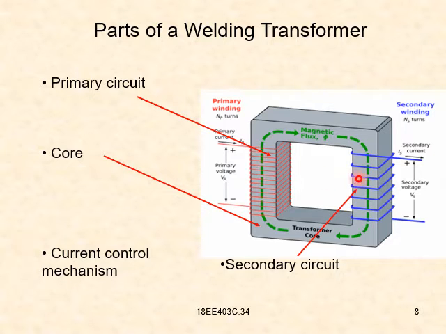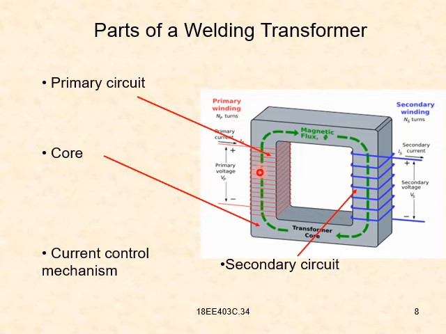If there are more turns in the secondary, we can build up more voltage; fewer turns give less voltage and high current, and more turns induce high voltage and low current. That is why it is called a current control mechanism.